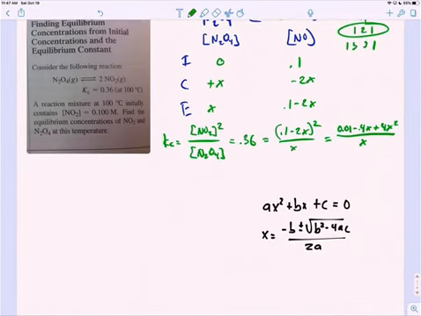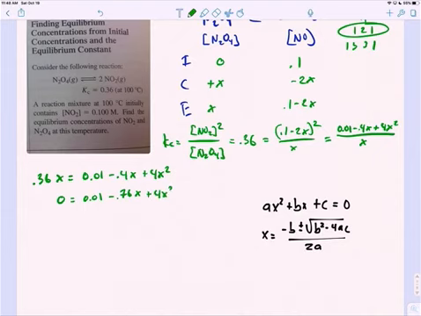So let me multiply x both sides. So it's going to be 0.36x equals 0.01 minus 0.4x plus 4x squared, and then we subtract 0.36x from both sides, so 0 is equal to 0.01 minus 0.76x plus 4x squared.